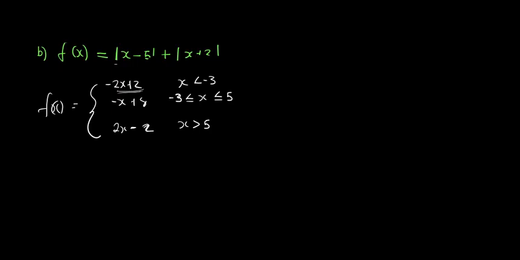You need to start at negative 3, then you solve this one. Solving it, it would be negative 2x equals negative 2. Then when you divide that, x is equal to 1.